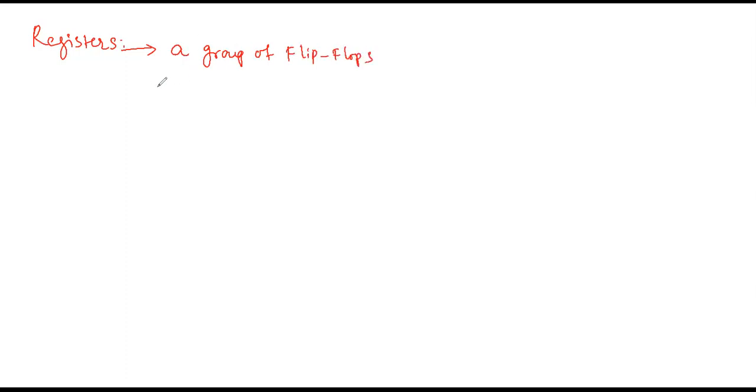A flip-flop is used to store one bit of information.